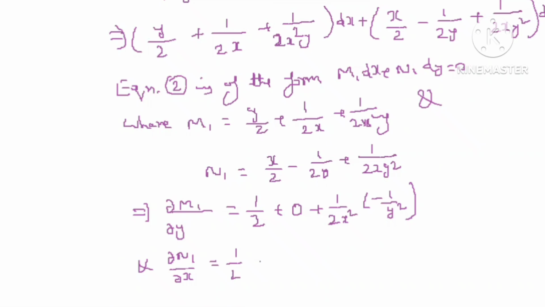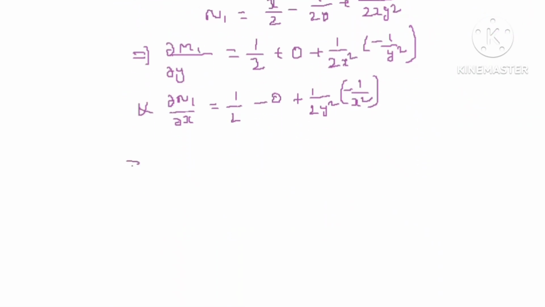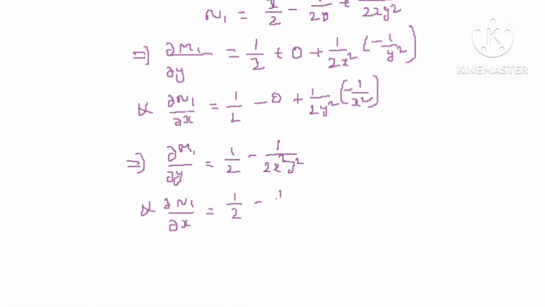Here no x, so therefore this is minus 0, plus 1 by 2y square into derivative of 1 by x is minus 1 by x square. So this implies dou m1 by dou y is equal to 1 by 2 minus 1 by 2x square y square, and dou n1 by dou x is equal to 1 by 2 minus 1 by 2x square y square.